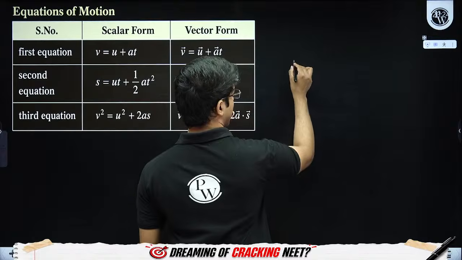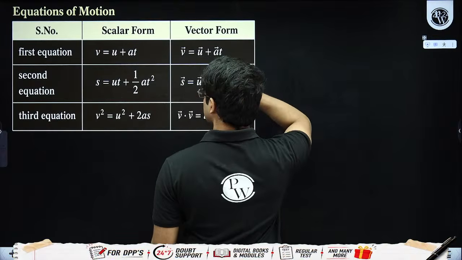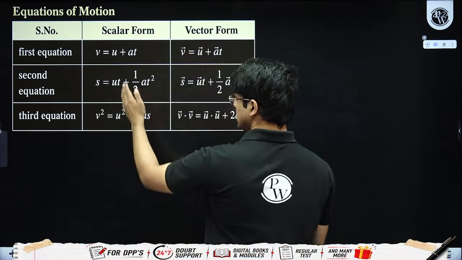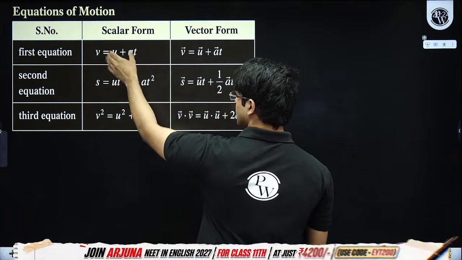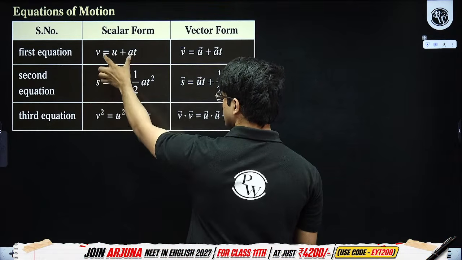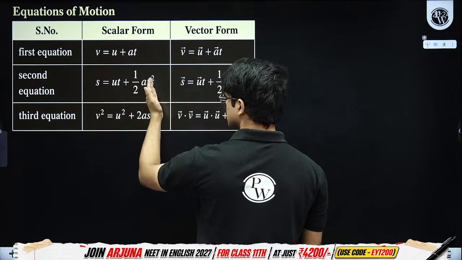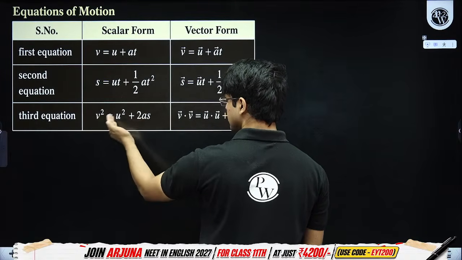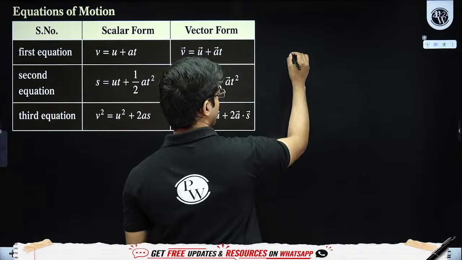So we start from, okay, so first important condition is these, ignore the vector part, these three equations, right? V equal to u plus at, s equals ut plus half at square, and this third one.